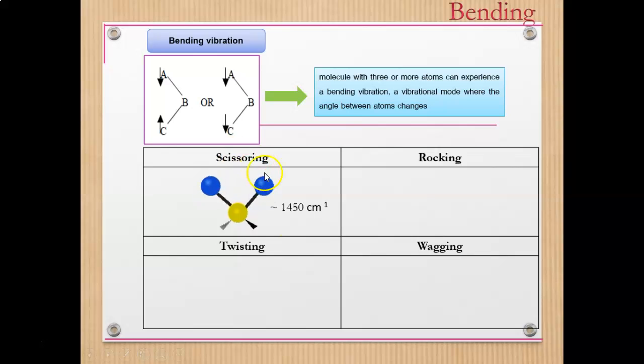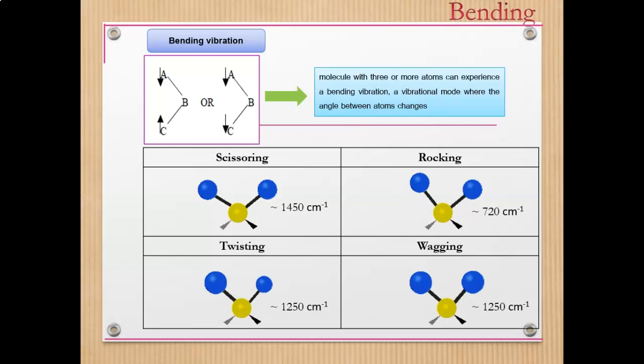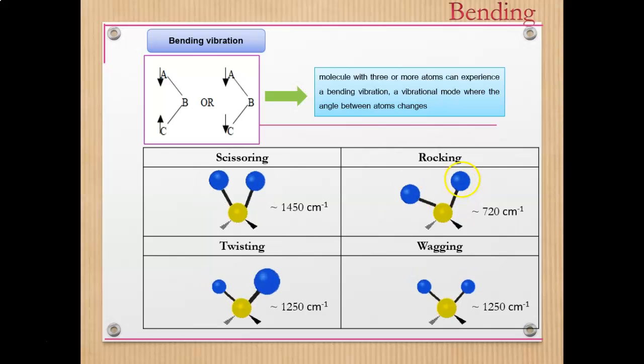For example, this one is scissoring. The wave number is 1450, and for rocking, the wave number is quite smaller than scissoring, and twisting has a moderate value compared to rocking, and wagging.